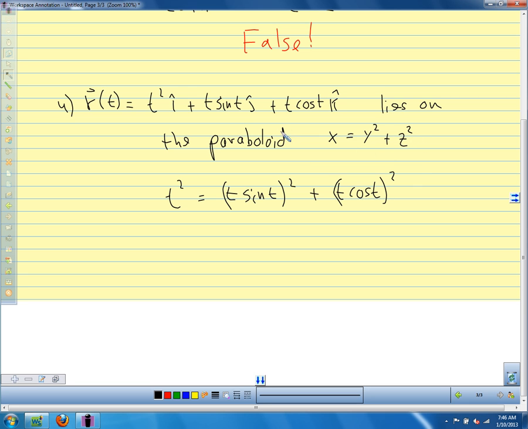So this vector valued function is going to lie on this paraboloid because the components relate to each other in exactly the way that's described by this surface. The terminal point of that vector is always going to be on this paraboloid x equals y squared plus z squared. So this is true.